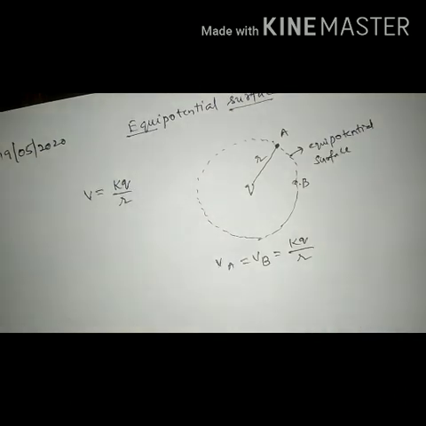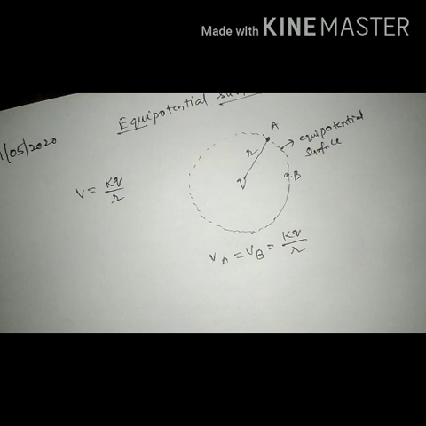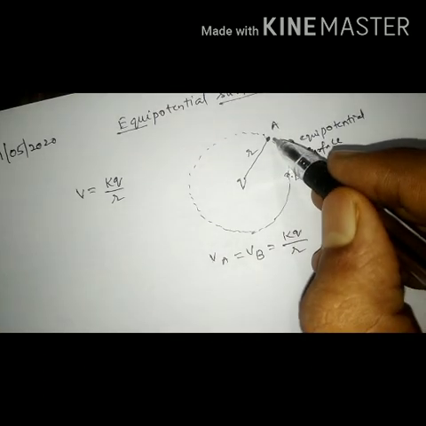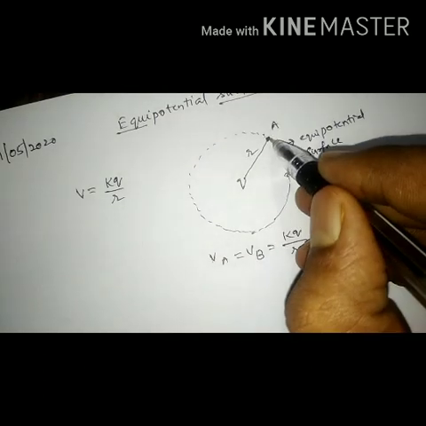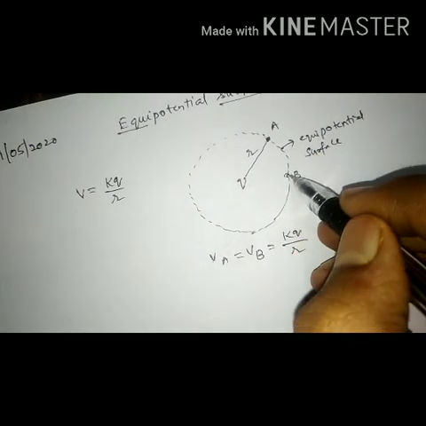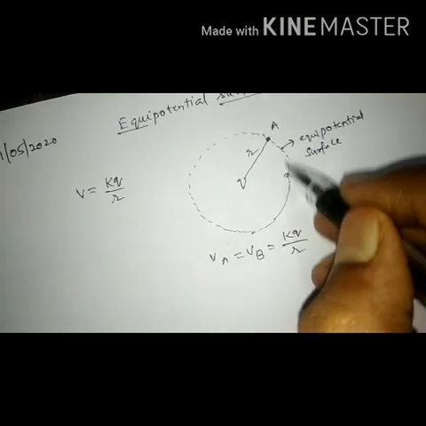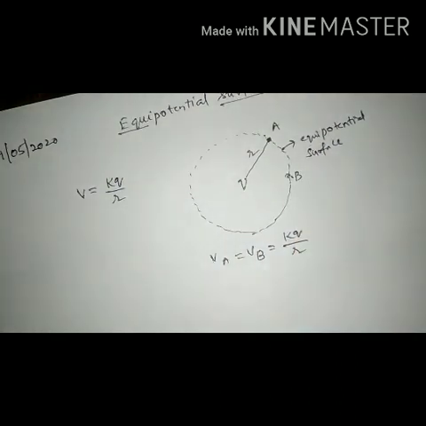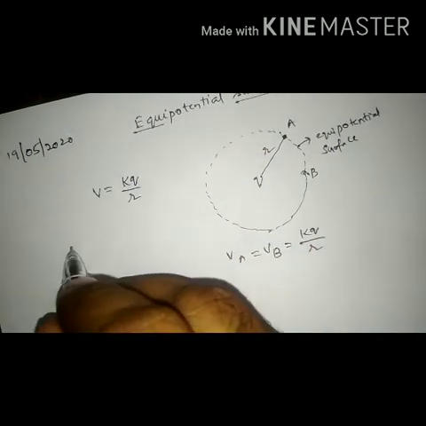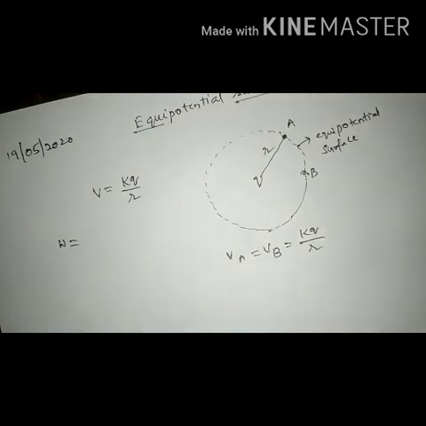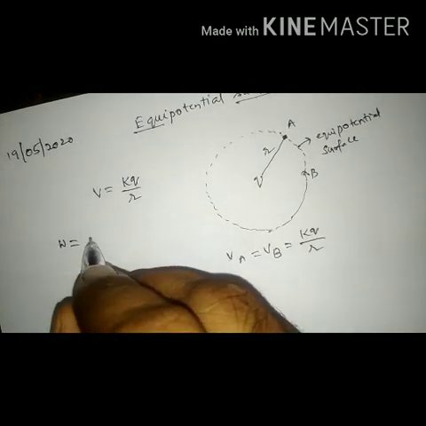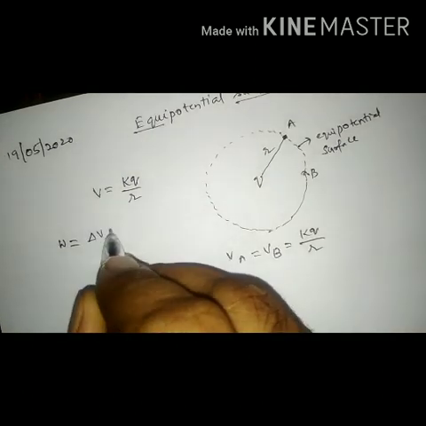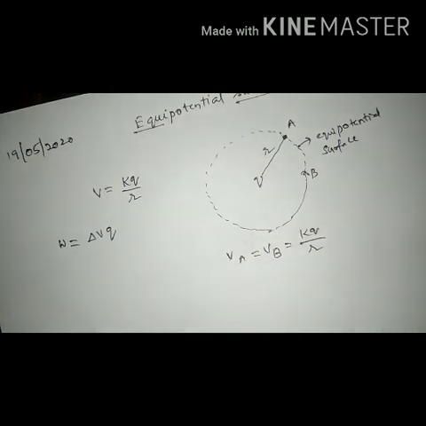So what is the use of this equipotential surface? We can see these consequences. For example, you have taken a charge Q0 and it is moved from point A to point B along this surface. So what is the work done? Work done is equal to change in potential difference multiplied by charge.